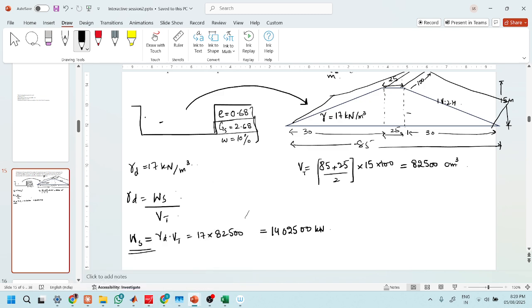Now we will go to the borrow pit quantity and we need to calculate the total volume of soil that has these many soil solids.